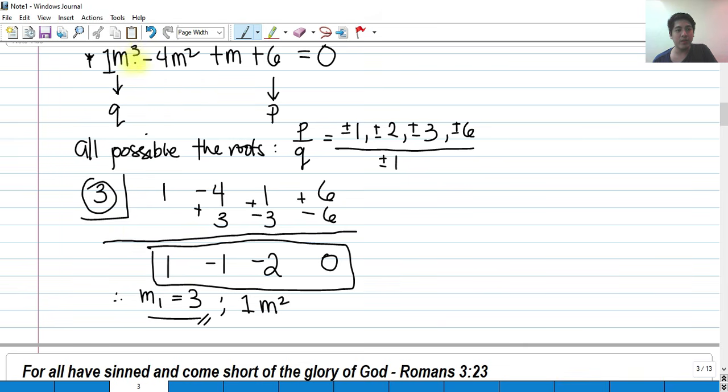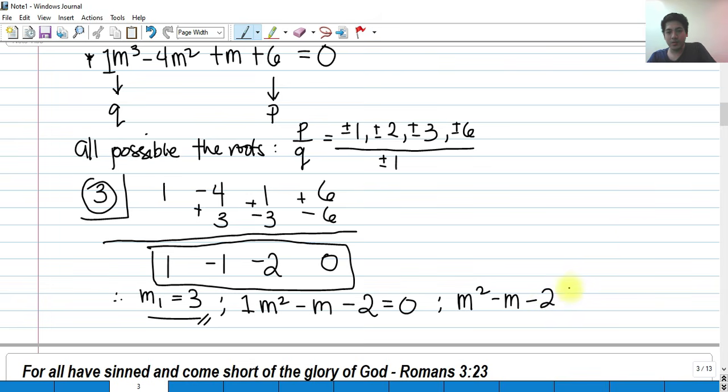So this cube reduces to square, wherein we have a positive 1 as our constant here, and we have negative m, because that is in order: second degree, first degree, no degree, and this is the constant. So we have negative 1m minus 2 is equal to 0. In other words, our equation reduces now to m squared minus m minus 2.